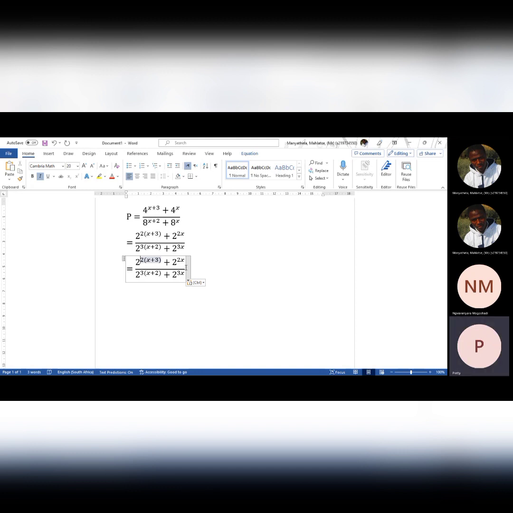Let me explain again. You replace 4 equal to, then shift, after shift what do we press?